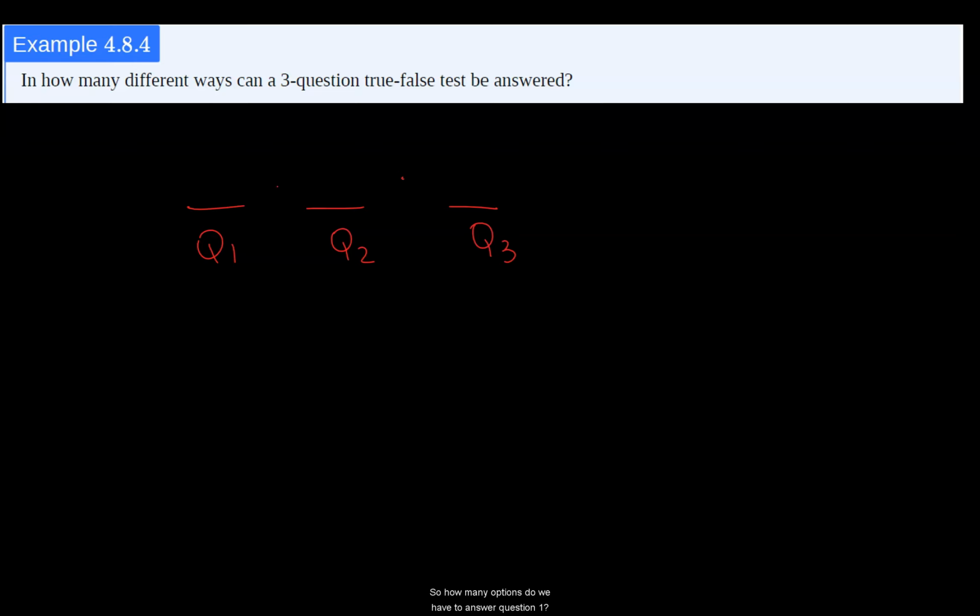So how many options do we have to answer question 1? True or false, there are 2. Similarly for question 2, and similarly for question 3. True, false, we have 2 choices for each question. And if we multiply those together, we have 8 different ways a 3-question true-false test can be answered.